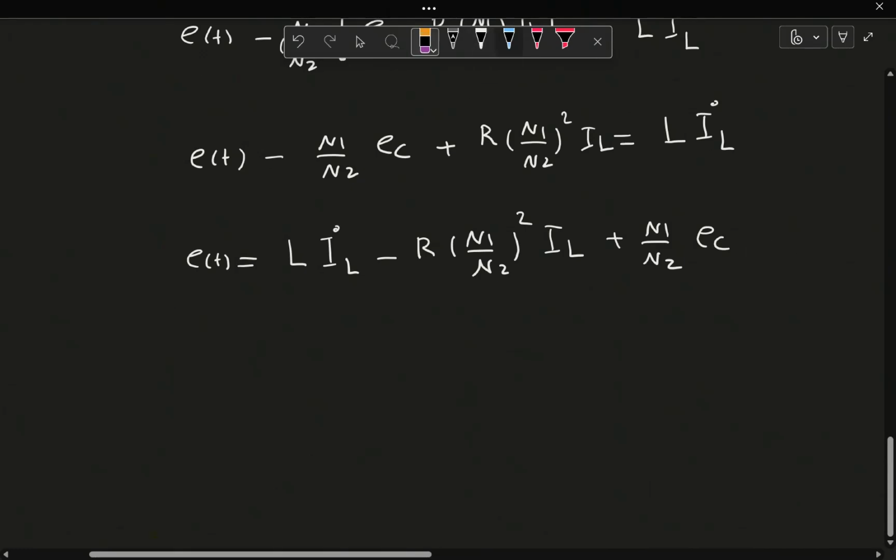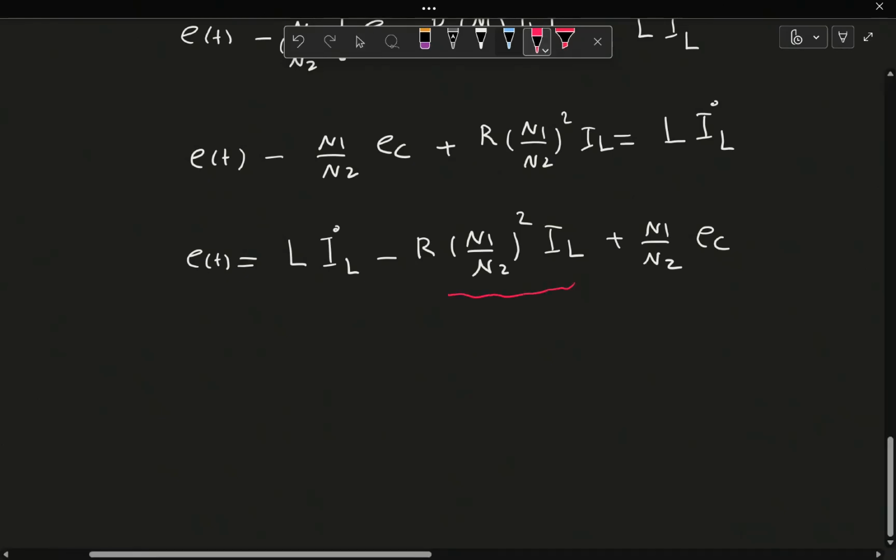Yes? So at this point, I need to check for the signs. If the signs match, I can box this equation. If the signs do not match, then I need to go back and retrace my steps to see where I made a mistake. Yes? Okay. On the right-hand side of this equation, you see that I have two families, family of IL and family of EC.